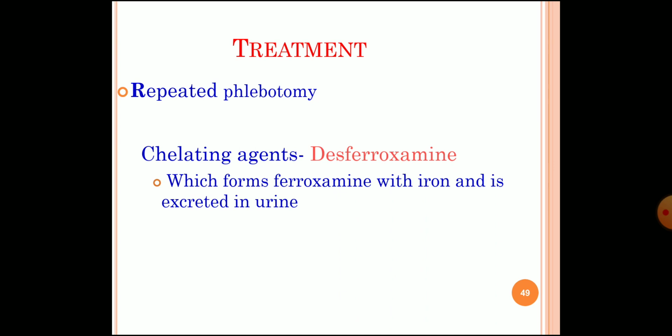So now you have studied how iron is absorbed, what are the factors affecting absorption, recommended daily allowance, sources of iron, then regarding transport, how it is transported as transferrin, it is deposited, storage is in the form of ferritin or hemosiderin, and what are the main functions of iron, and then iron deficiency anemia, what are the findings, what are the causes, how will you treat it.